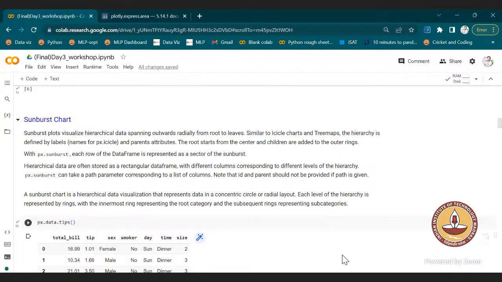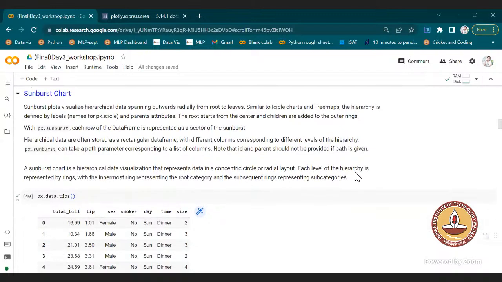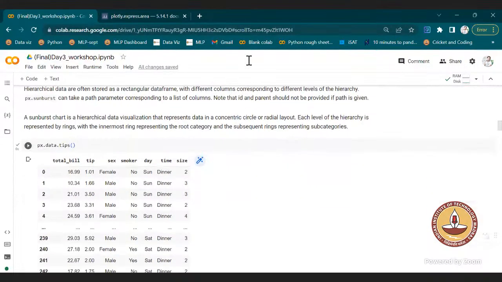Those who have already gone through it would have seen how to plot the hierarchical chart. For others, when you see hierarchical distributions, these charts are very helpful. Each level of hierarchy is represented by a ring. The innermost ring represents the root category, and subsequent rings represent the subsequent categories.